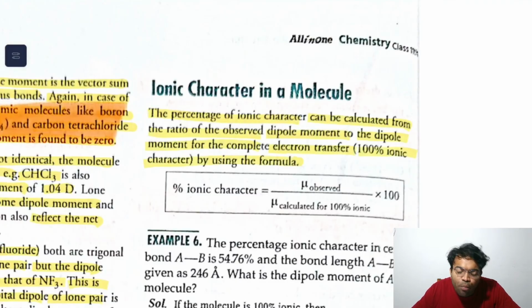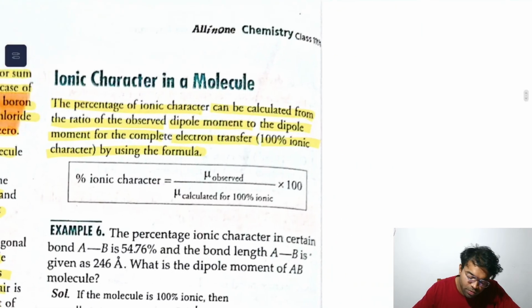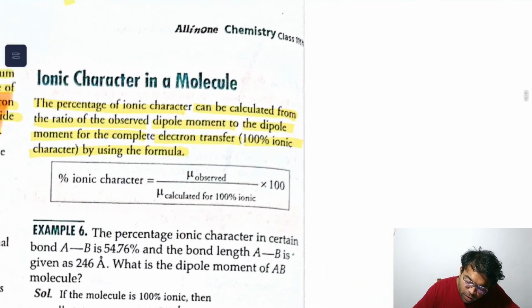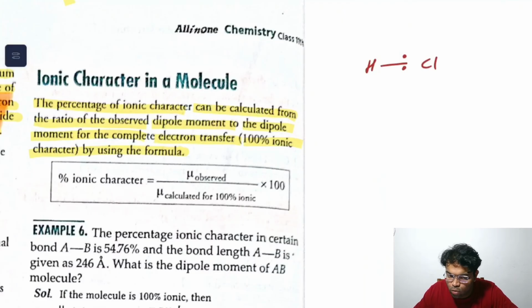Now, the observed dipole moment will be what? See, basically, let's look at this. You have hydrogen and fluorine. There is actually a sharing of electrons taking place between them, right? But the lone pair of electrons are much closer to the fluorine as compared to the hydrogen.